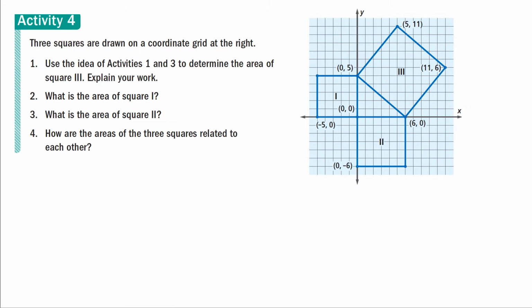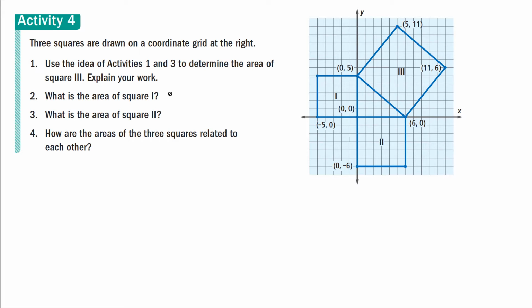And here is activity 4. We have 3 squares drawn on a coordinate grid at the right. Use the idea of activities 1 and 3 to determine the area of square 3 and explain your work. Well, what is the area of square 1 is kind of a first step here.